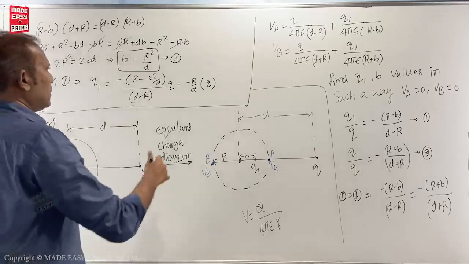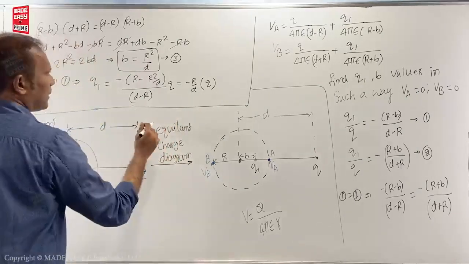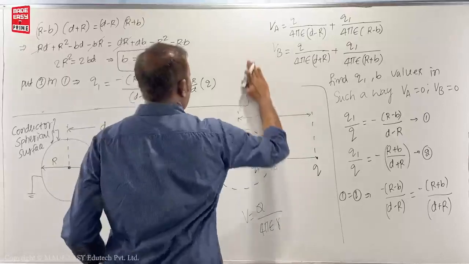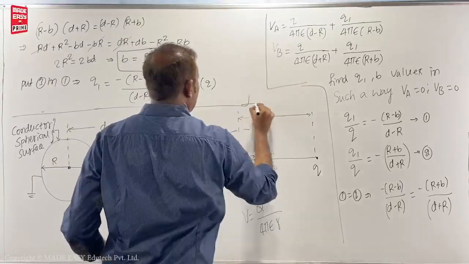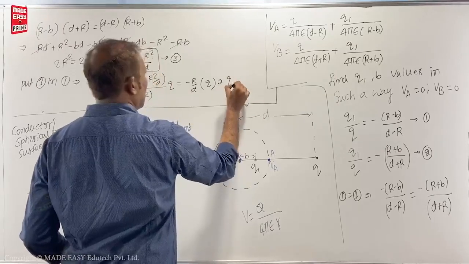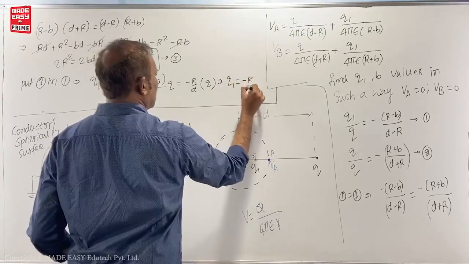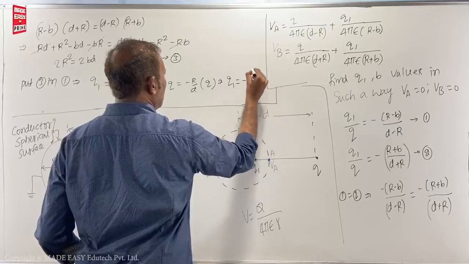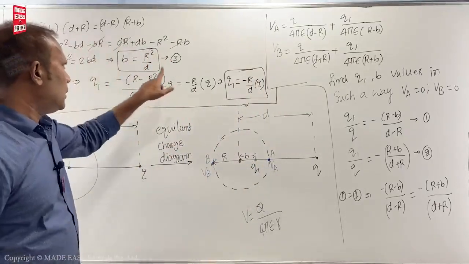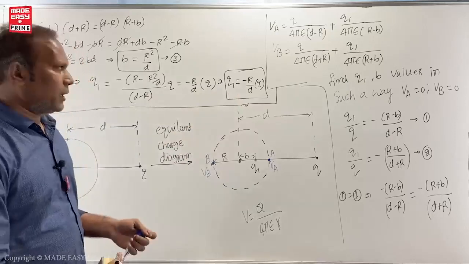So my dear students, I will write here. That implies q1 is equal to minus r by d into q. This is the q1 equation. So this formula you have to remember, dear students.